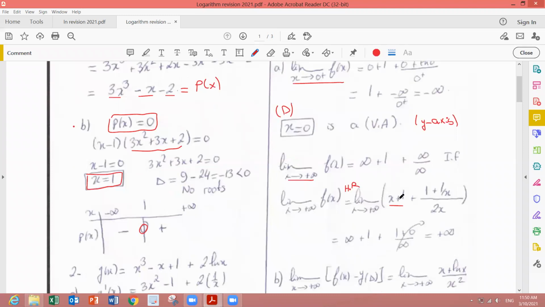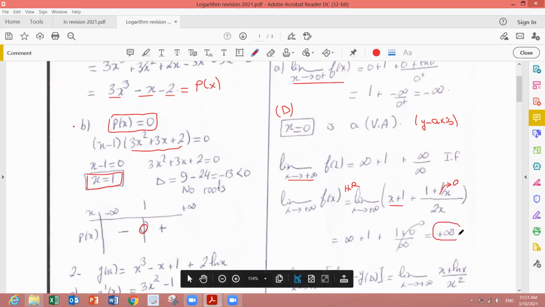Replacing x by infinity, what do you get? We get infinity plus 1. This one becomes 0, 1 over infinity is 0. So 1 plus 0 over infinity. We get plus infinity.